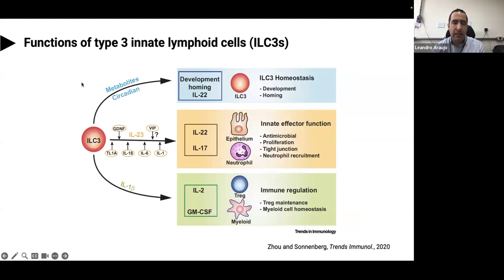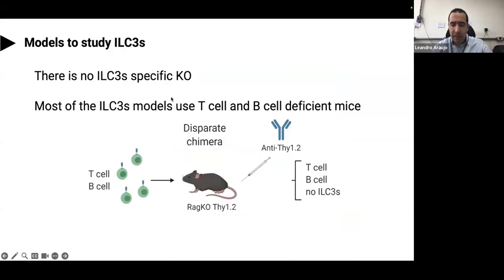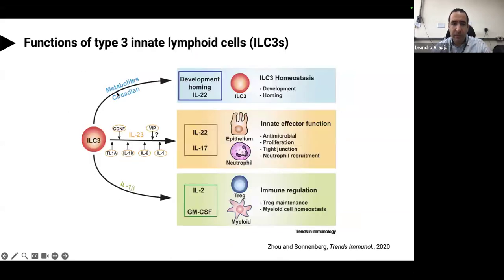This is just a summary of all the functions that we currently know about innate lymphoid cells. They are important in responding to metabolites and the circadian rhythm. They can produce IL-22, and metabolites and circadian rhythm can control the development and the roaming of these cells.